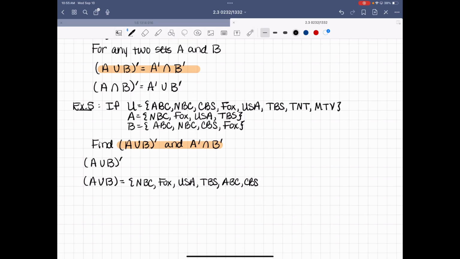CBS, and I've already written down Fox, so I don't have to write it again. All I did was write down everybody that's in A and B. Okay, all those elements. Now I want the complement of that.